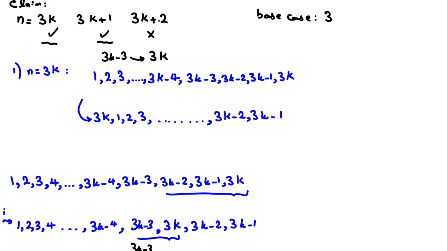Now we should prove that 3k plus 2 is not possible. For 3k plus 2, we should use an invariant. We should define a function, and the most important thing is how to find a good function. So n equal to 3k plus 2. Look, when we want to change, for example, two numbers, let me tell you, for example, 5. We want to reach from 1, 2, 3, 4, 5 to 5, 1, 2, 3, 4.